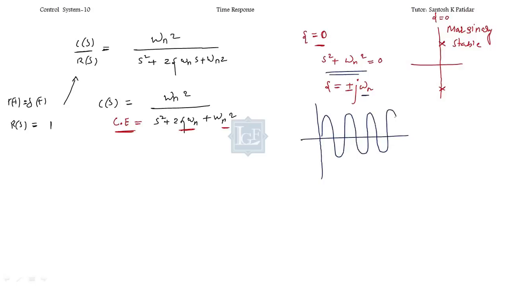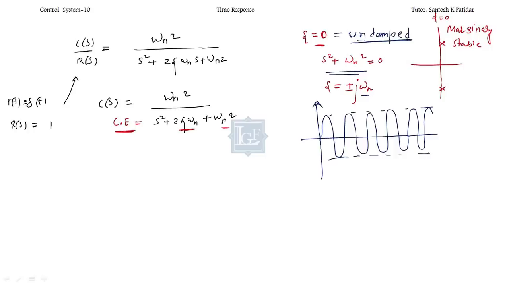If zeta is 0, you are getting sustained oscillation, or natural oscillation, I call it. At zeta equal to 0, I call it undamped. This is an undamped system, so the output of the undamped system will be sustained oscillation.